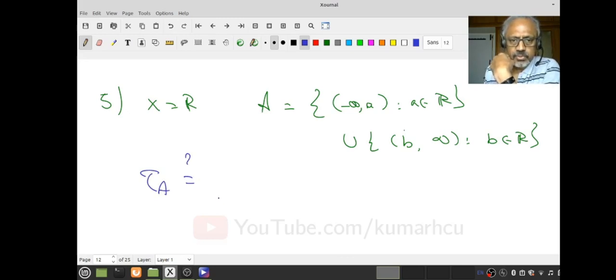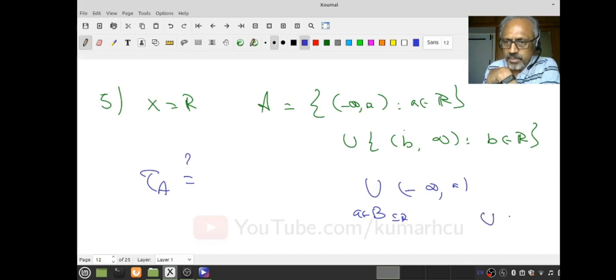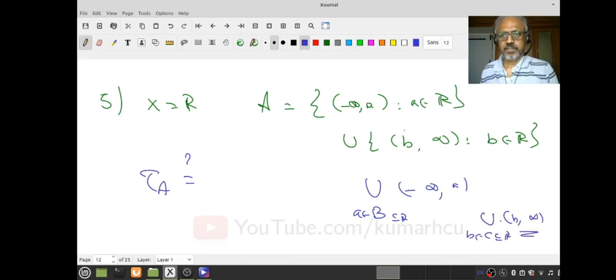As you know, for tau A, take arbitrary elements. If I take only intervals minus infinity to a, arbitrary unions will be a union of such things, with a in some set B, a subset of the real numbers. Then I know how to do that. Do you remember, you have seen this in the right ray topology? Similarly, if I have an arbitrary collection of b to infinity, with b in C, a subset of R, again I know how to describe it. Instead of the right ray topology, it will be the left ray topology.